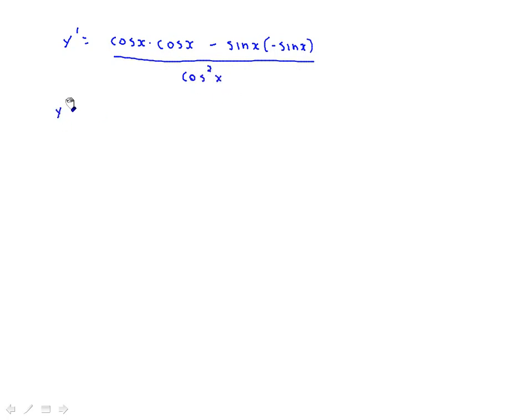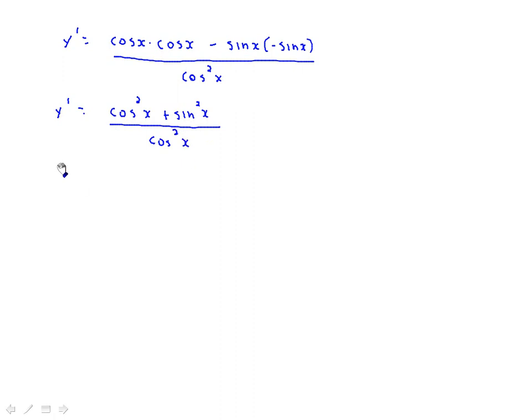So therefore y prime is equal to cos squared x plus sine squared x, and this is all over top of cos squared x.